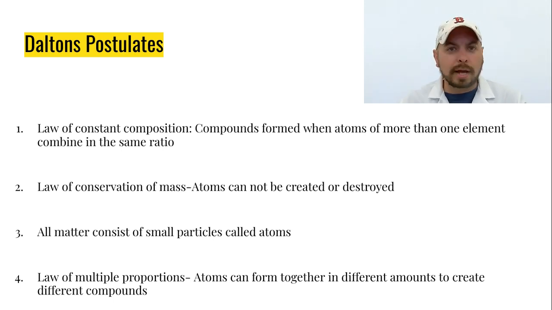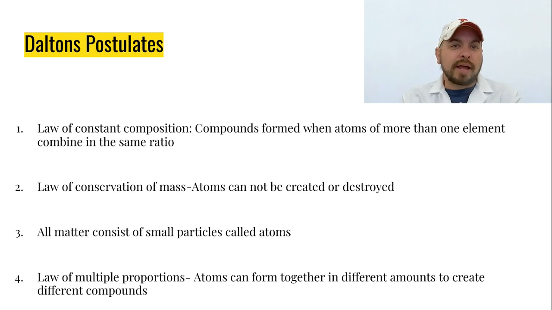All carbon dioxide molecules must be made of 1 carbon and 2 oxygens. This is the law of constant composition. Also, he had the idea of the law of conservation of matter, which is the idea that we have no way of destroying or creating matter that exists. You can change it chemically and physically, but you can't create nor can you destroy matter.